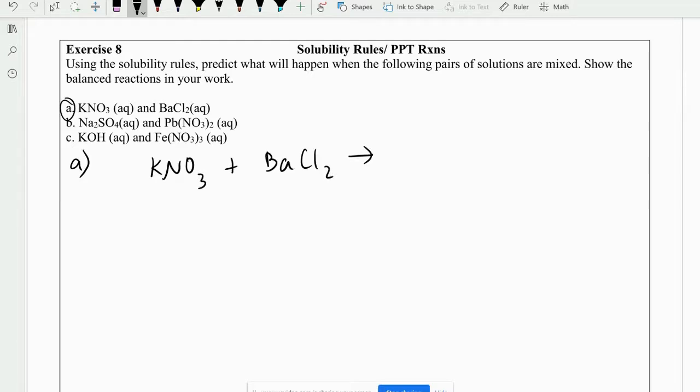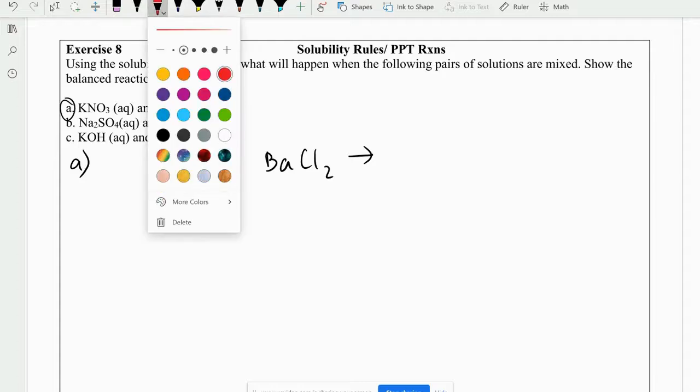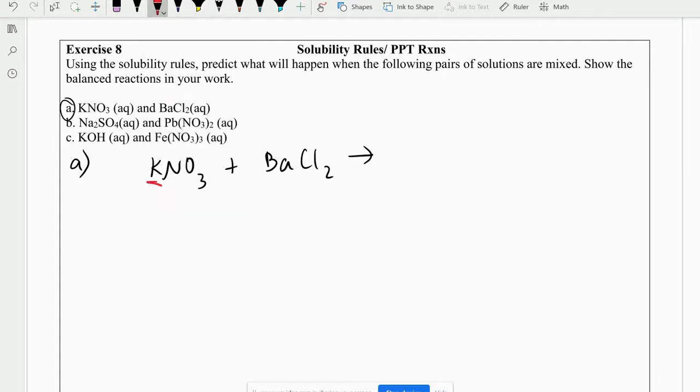Now, how do you know what products are going to form here? Well, in a reaction where you have two ionic compounds, where one substance has a metal and a nonmetal, and so does the other, I'm going to highlight them in different colors so you can see what's going on. I'm going to write their ions. So you would have potassium separating and breaking off, and of course, we know potassium is going to form a +1.